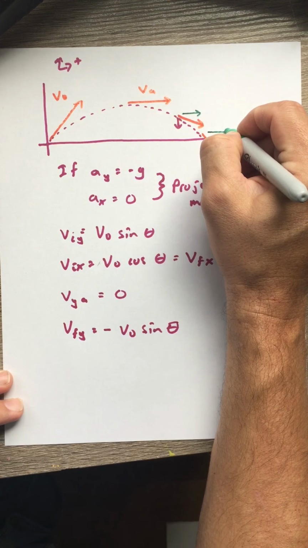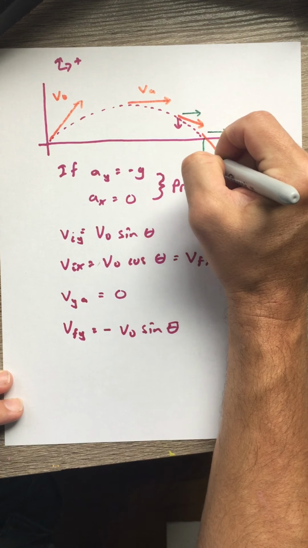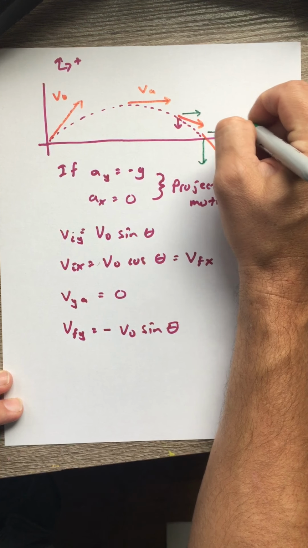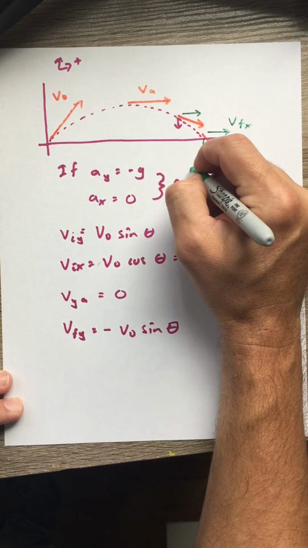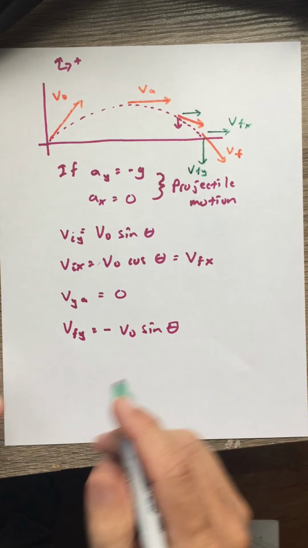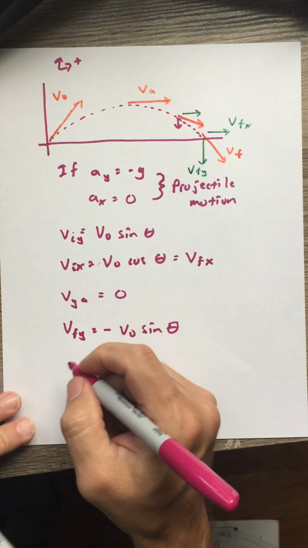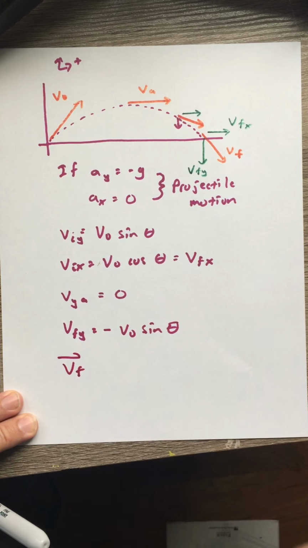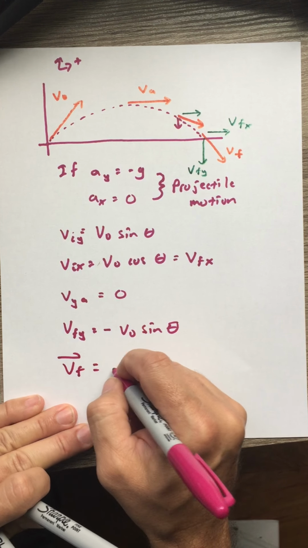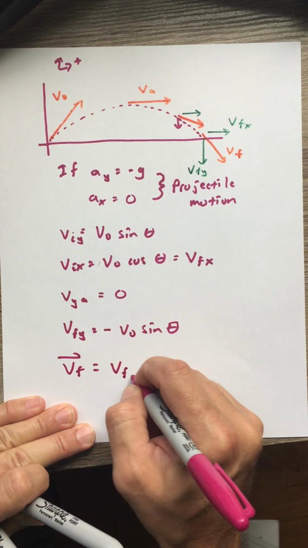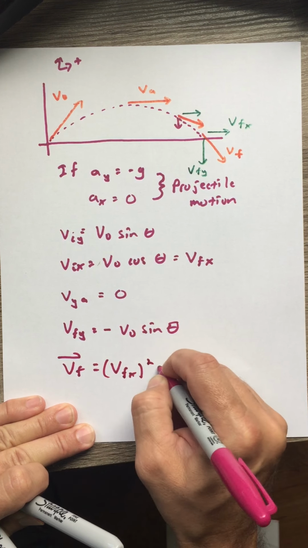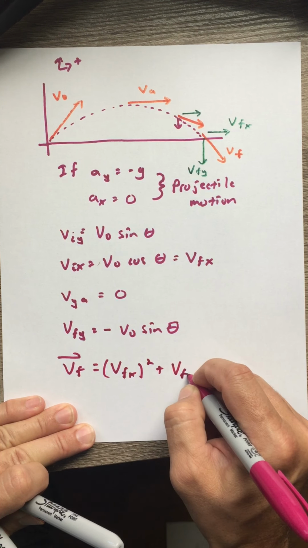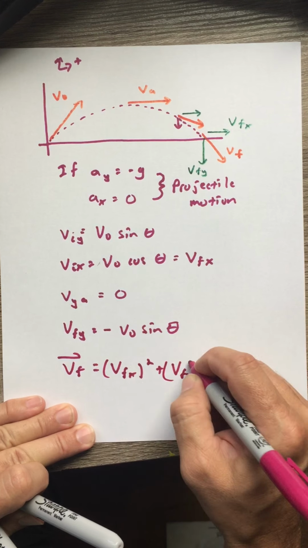I use the Pythagorean theorem, right? If I've got v final x and I've got v final y, then my v final, my whole vector, is equal to the square root of v final x squared plus v final y squared.